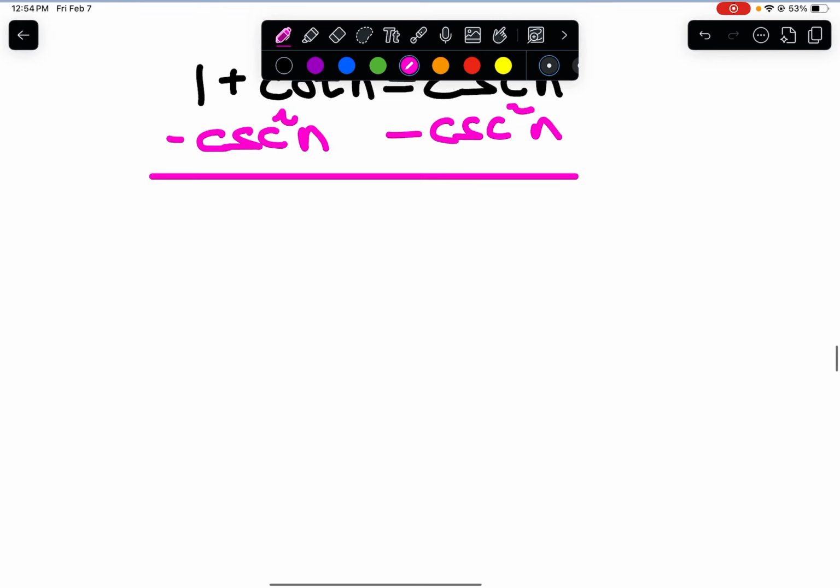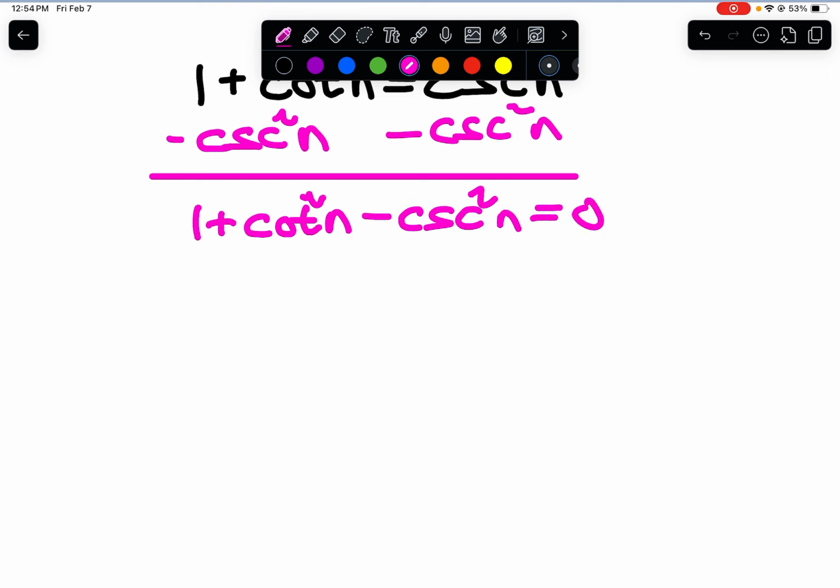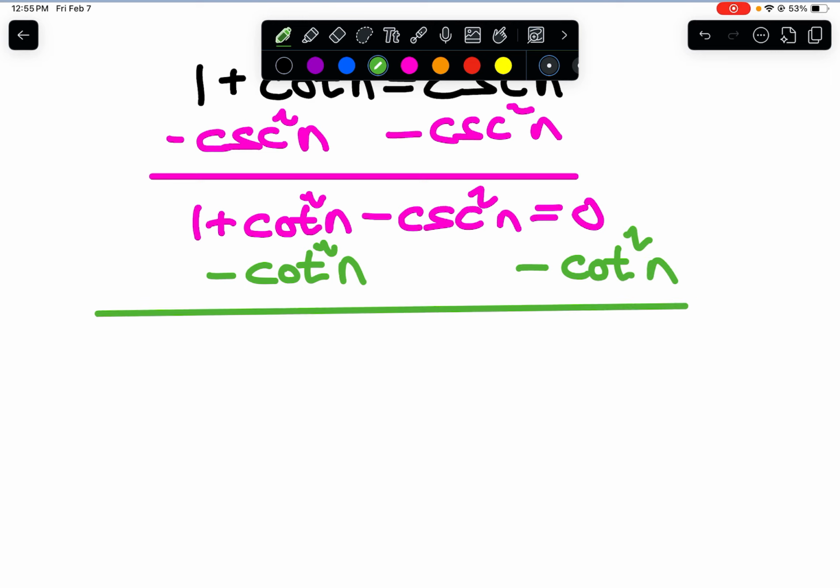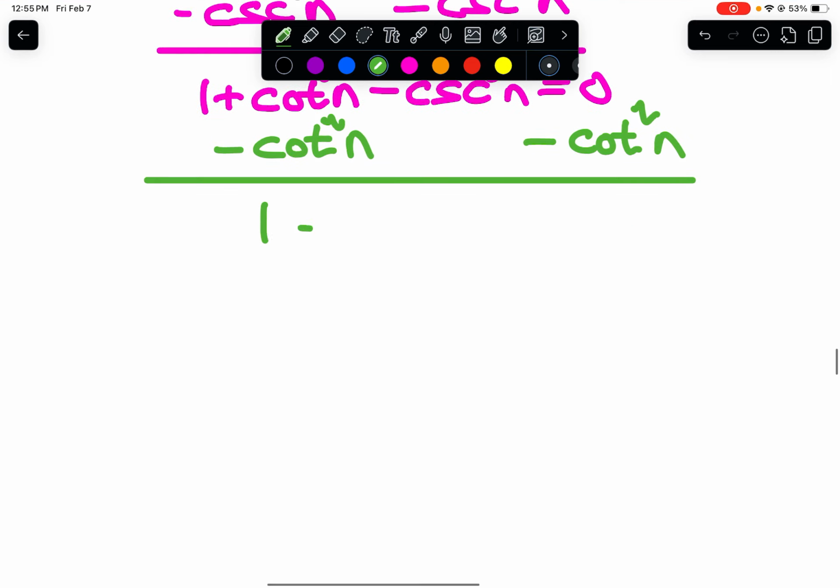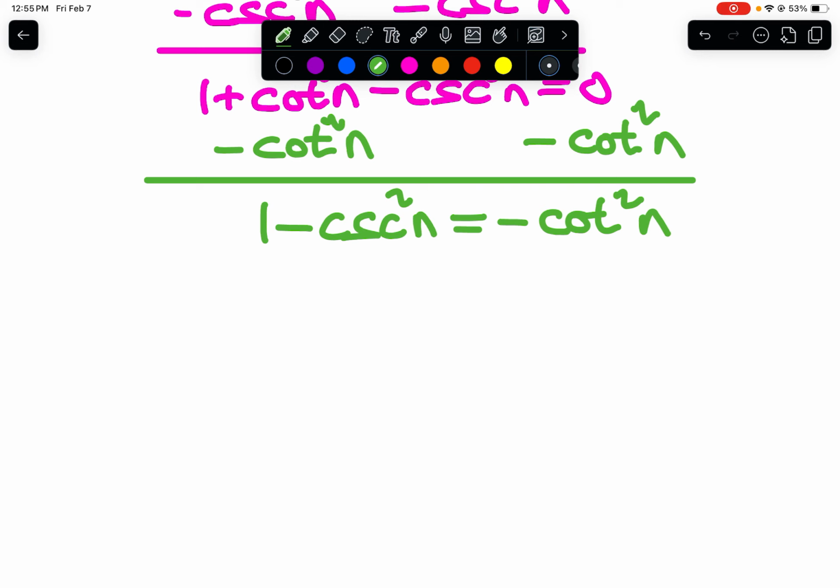So when I do this, we're going to have 1 plus cotangent squared n minus cosecant squared n equals 0. And then I'm going to subtract over the cotangent squared theta, or n. So doing this, we're going to have 1 minus cosecant squared n equals a negative cotangent squared n.